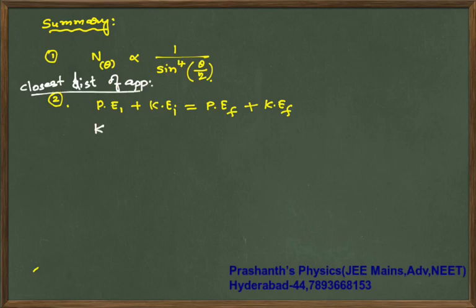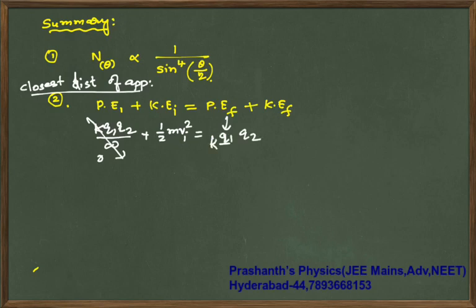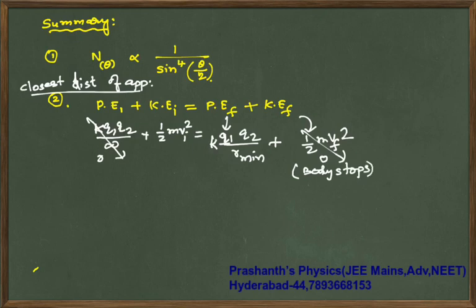So at infinity, k q1 q2 by infinity, this term is becoming 0, half m v initial square is equal to, at closest distance, potential energy is k q1 q2 by r min, plus KE final you will write as half m v final square, but this v is 0 because body stops. Now in this your k value is 1 by 4 pi epsilon naught. You must have studied in electrostatics, it is 9 into 10 power 9. So this I have given in Rutherford's model.